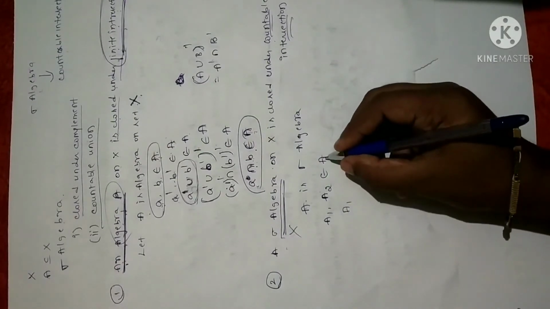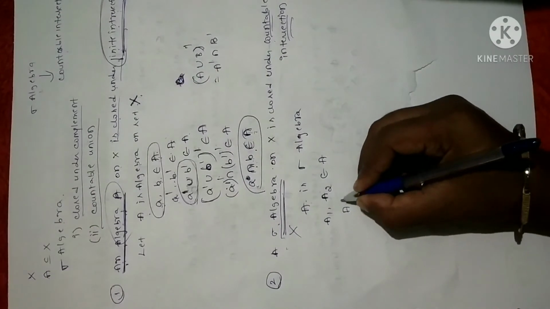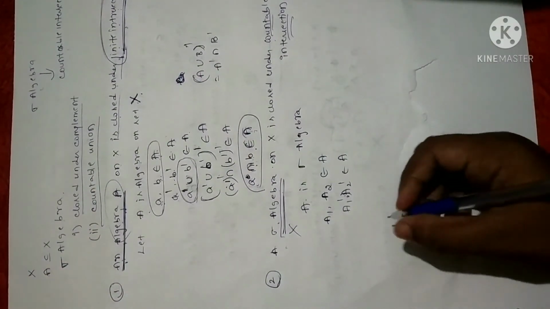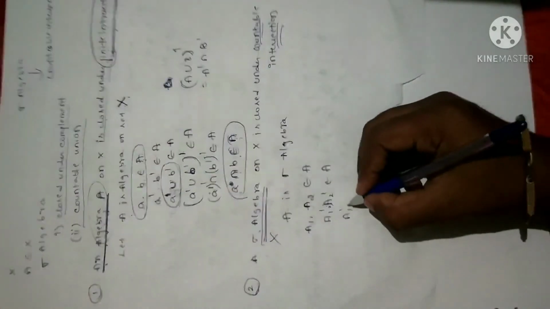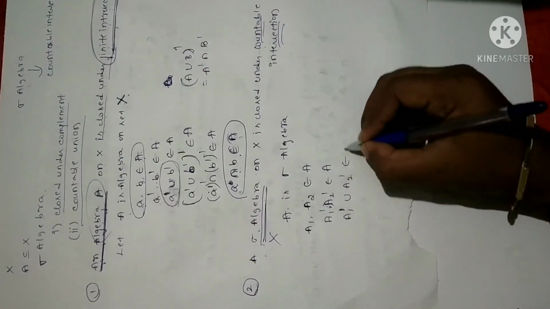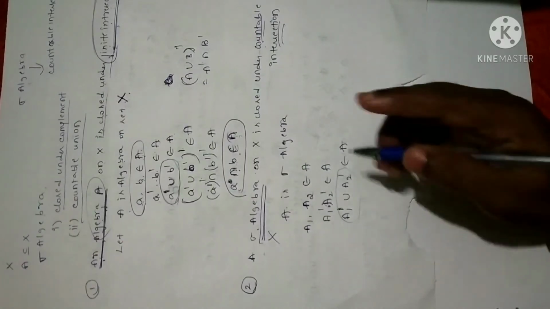Since A1, A2 belong to A, and A is a sigma algebra, their complements also belong to the same set A. Now, since it is closed under countable union, I'm talking about countable union, its countable union is also in the given subset. Now let me consider this as a single element.